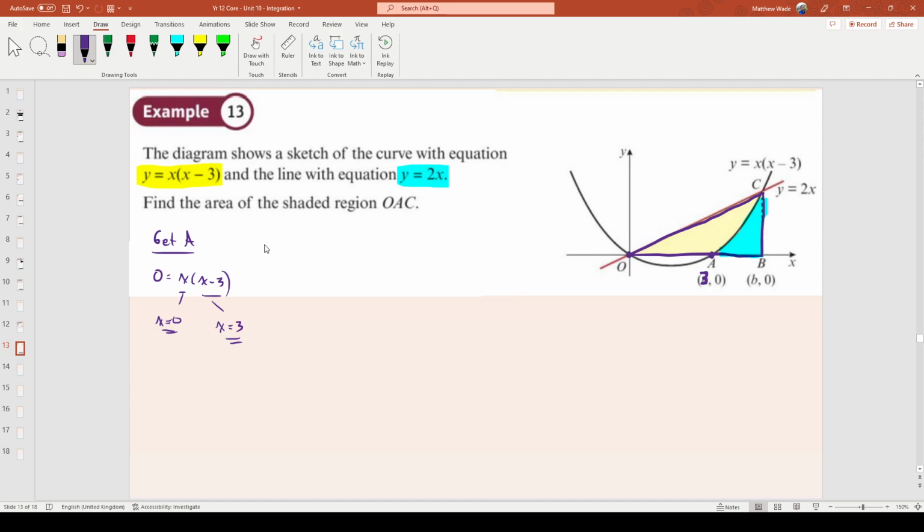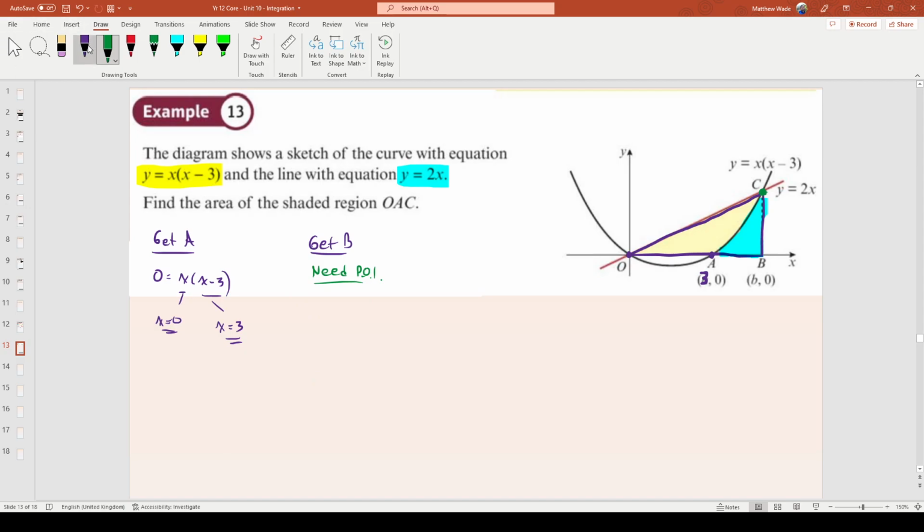Right. How are we going to get B then? Well, let's try it. B is special because it is directly underneath the point of intersection. So in order to get B and C, to be honest, we need to get the point of intersection. So we need the POI. Well, if you're after the point of intersection, buddies, you know how to do that.